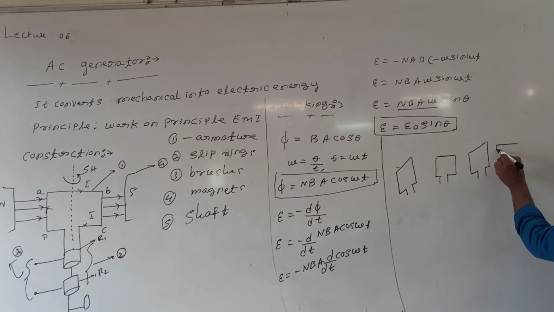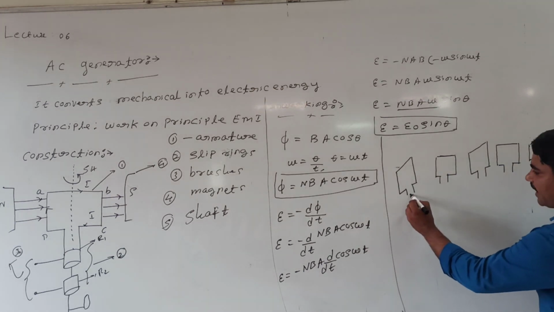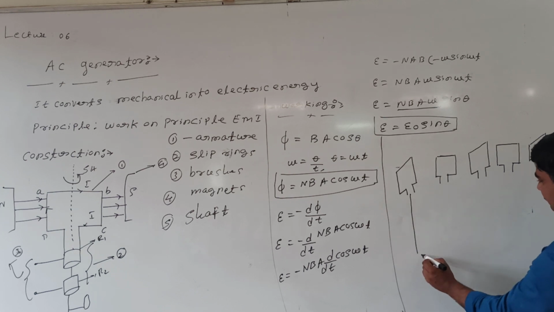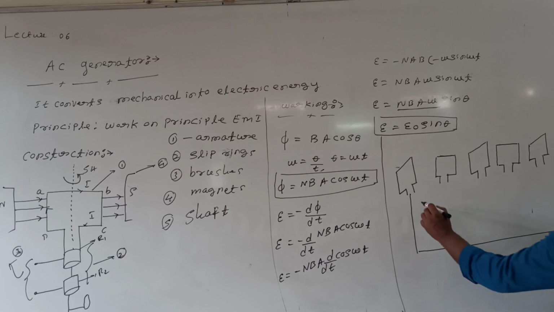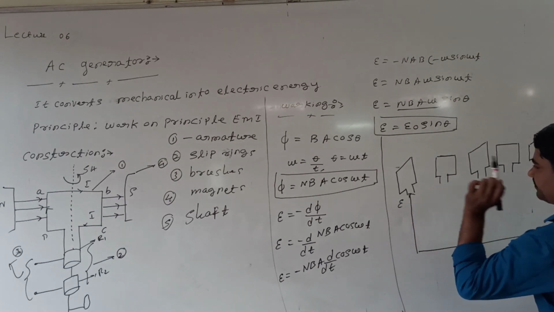Again this is the second one. And this is the last one. How does the magnetic field change? Are you following? Look at it. Along the y-axis I can take the EMF and along the x-axis we will take time. This is the time and this indicates EMF.